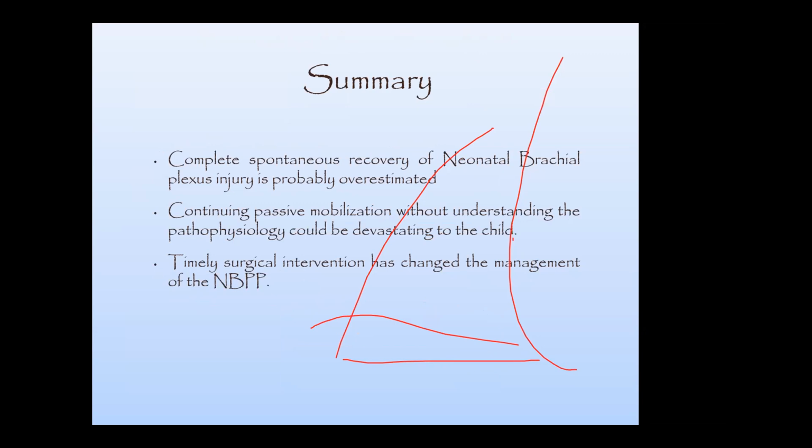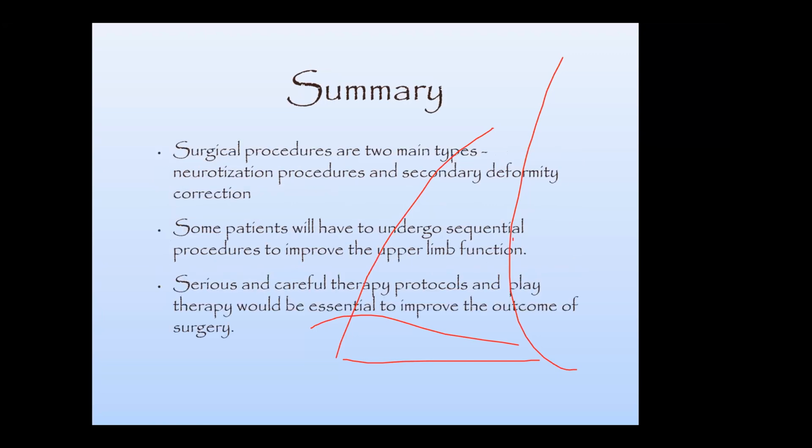So in summary, complete spontaneous recovery of neonatal brachial plexus injury is probably overestimated. And continuing passive mobilization without understanding the pathophysiology could be devastating to the child. Timely surgical intervention has been the management of neonatal brachial plexus palsy.